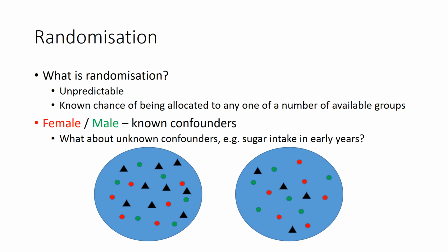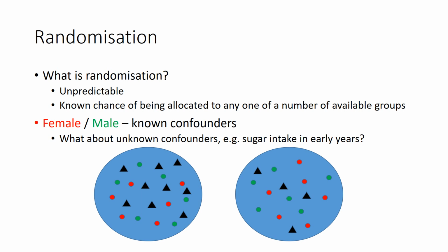So what is randomization? I often ask people to consider whether they can define randomization without using the term random. But essentially, randomization is an unpredictable process. So we don't know what the next outcome will be.